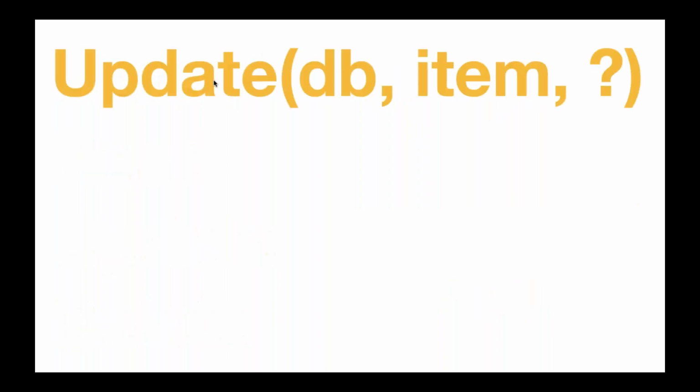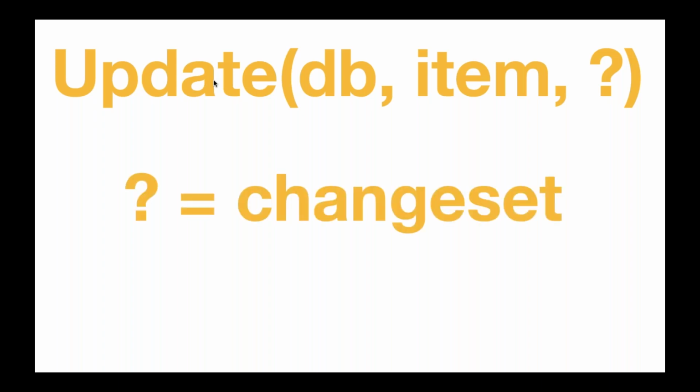Or maybe we should look at the update, where I have this concept of a database and an item that I want to change, but then this other thing, which in Ecto is the changeset, but basically it's a policy for change.